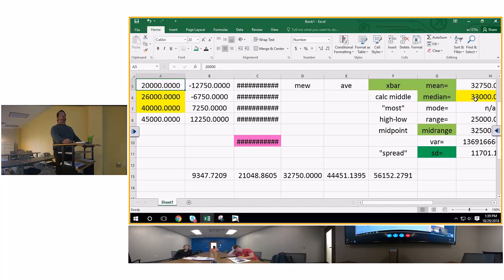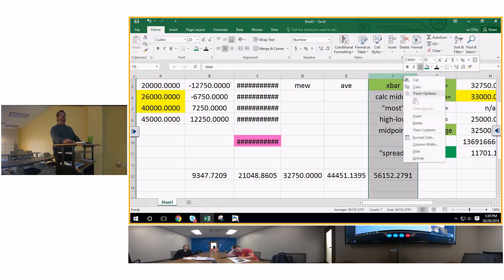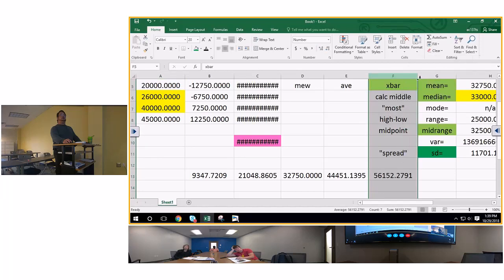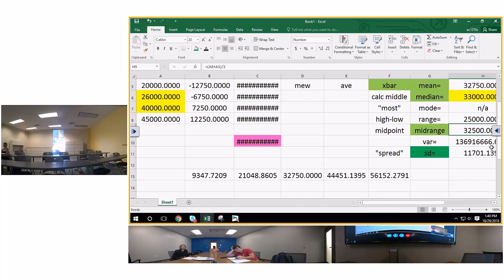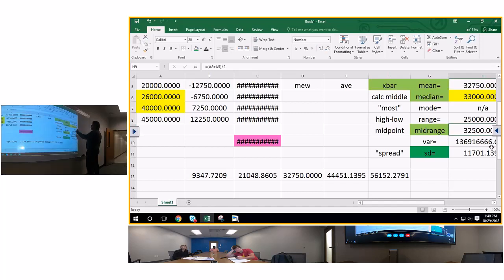Let me look at your numbers. 32,750, 33, and then what? 32,500. Are they close together? Considering that these are big numbers, yes, they are close together. You're only talking about 250 off here out of thousands, and you're talking about right on the money here.